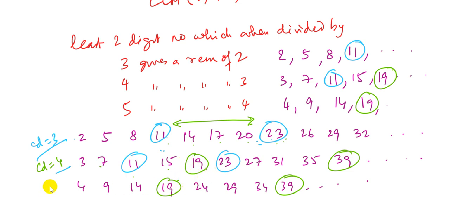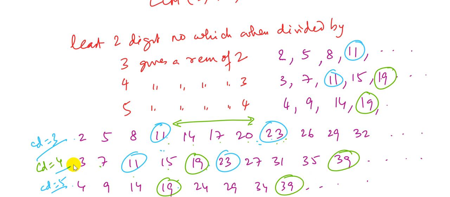So the common difference of the third series is 5. So after the first one matches with the third one, the fifth number from there, 1, 2, 3, 4, 5, will match with the fourth number in the second series, right? Clear? Okay.